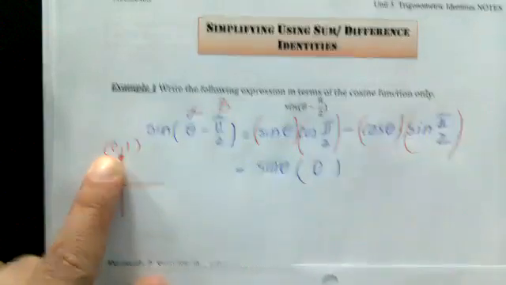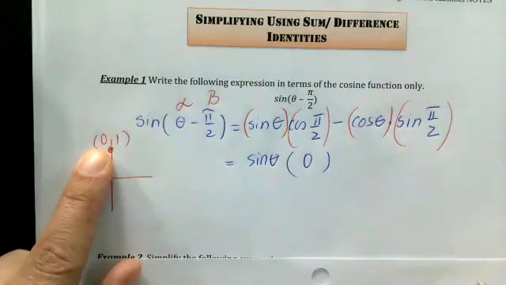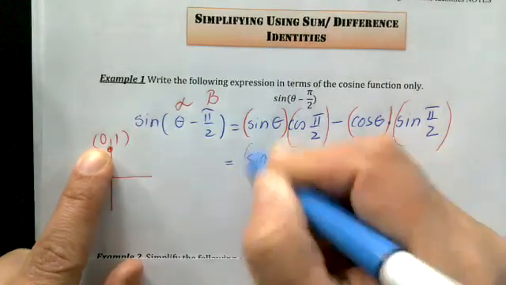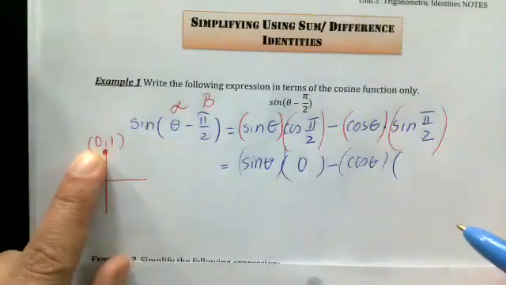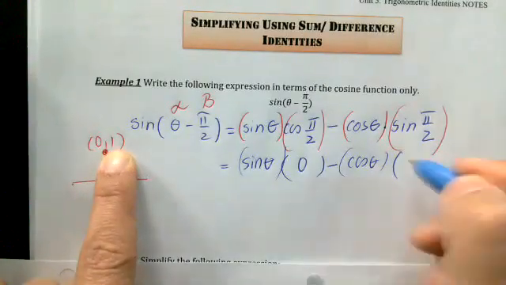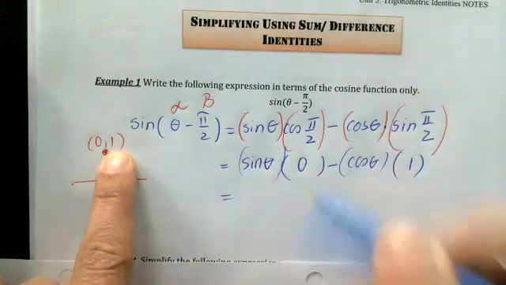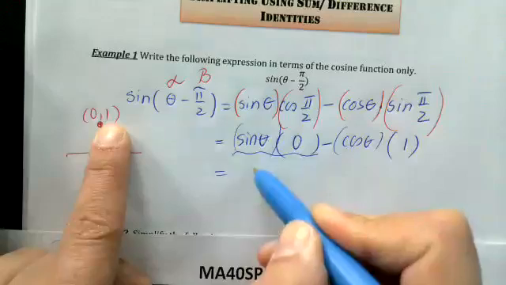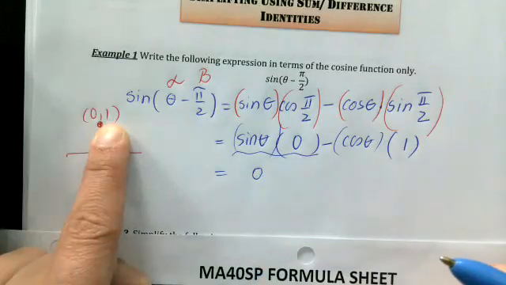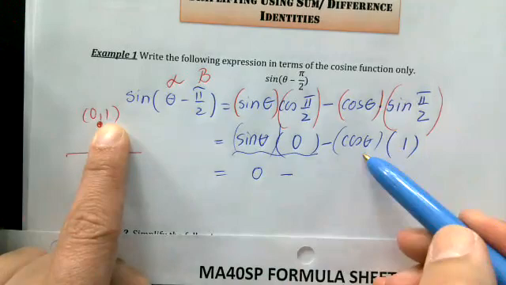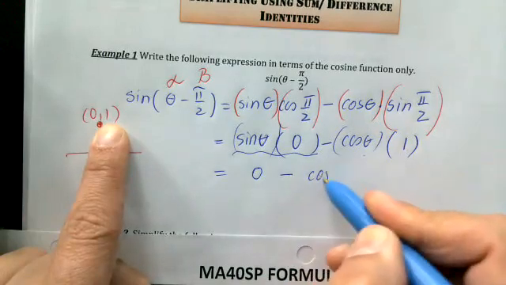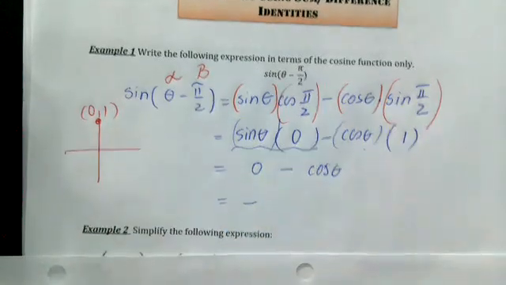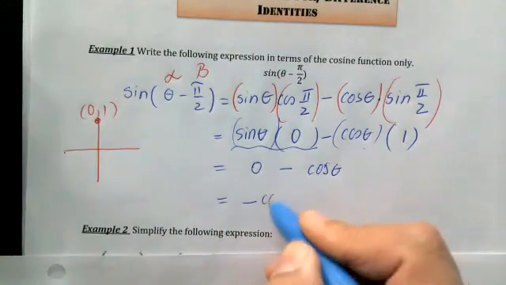Sine of theta in front of it won't even matter anymore because I'm going to multiply by 0, right? Minus cos of theta from before, and sine of pi over 2 is 1. So sine of theta times 0 gives you 0. Minus cos of theta times 1 is just itself, so cos of theta. So our final answer is just negative cos of theta.